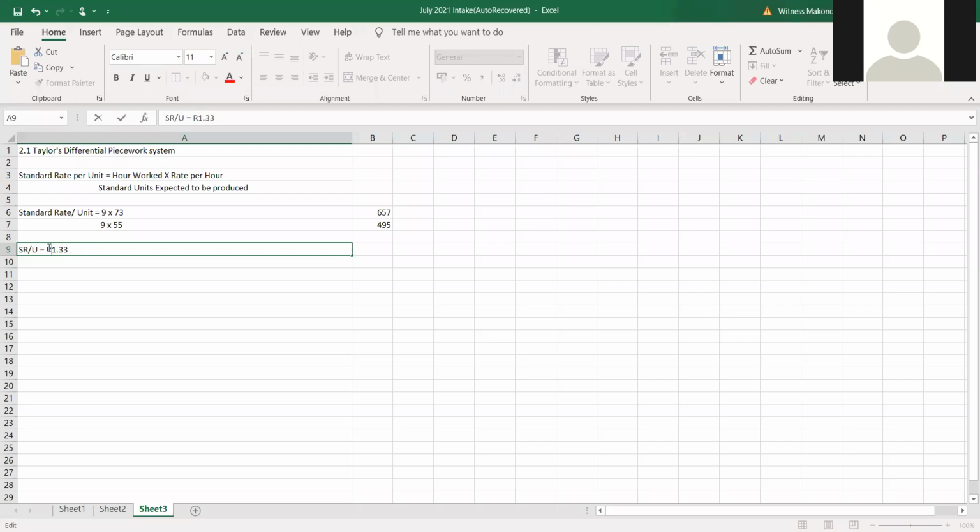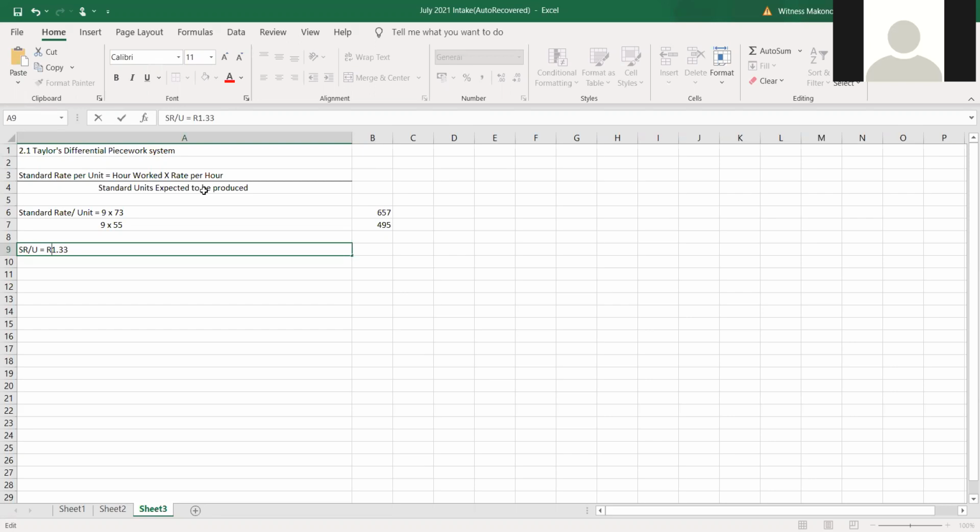But as you can see, from what I have read there, you can calculate the standard rate per unit without even employing this formula. You just have to use your logic. It says here that Rooney's standard work day is 9 hours and his standard production is 55 units per hour.